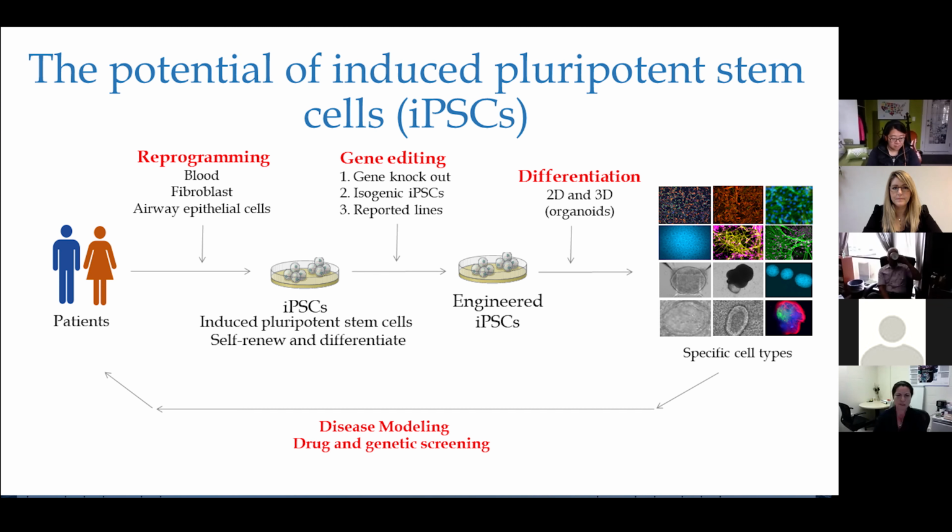And they allow us to do things with them like editing their genome, creating stable modifications, and as I mentioned, they can differentiate. And then we can use these models to model different diseases and use them for drug discovery as well.